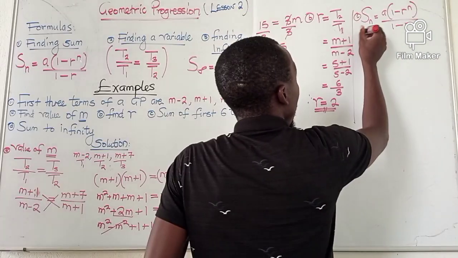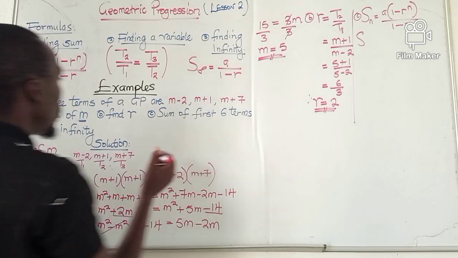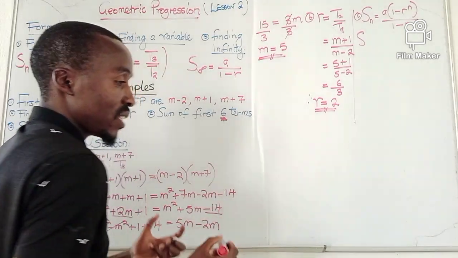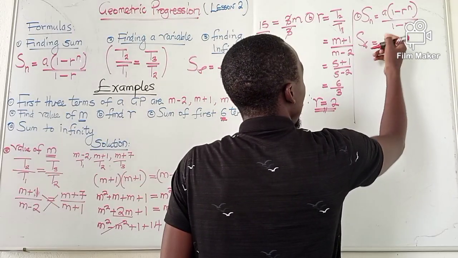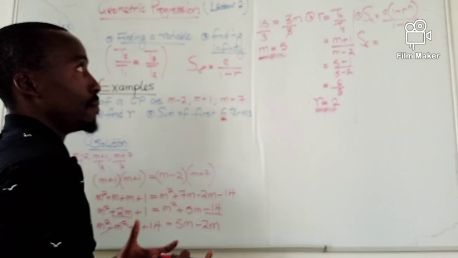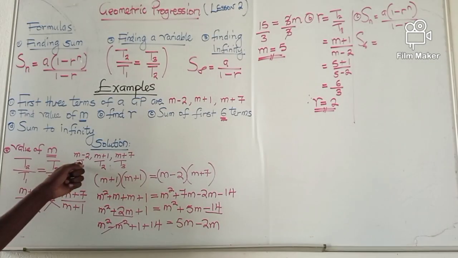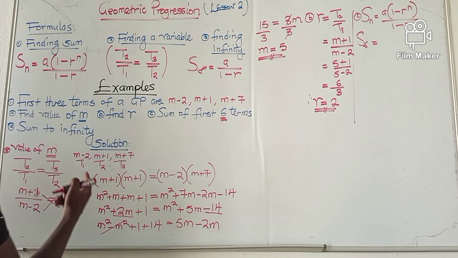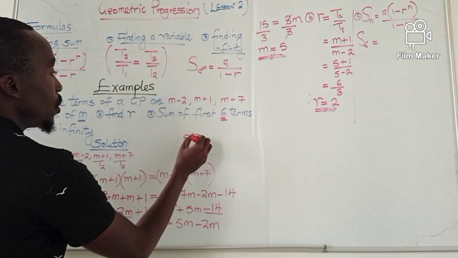Okay, so where is the n here? What do you put? You're going to put the 6. Okay? Because you're finding the sum of the first 6 terms. So where is n? You put 6. This will be equal to, the A is the first term. Okay? So what is the first term in this our GP? The first term, we just say 5 minus 2.